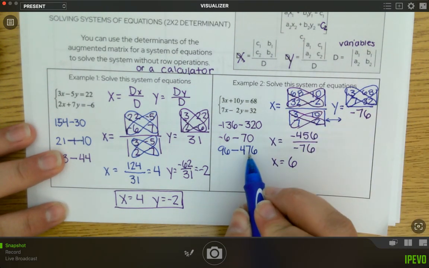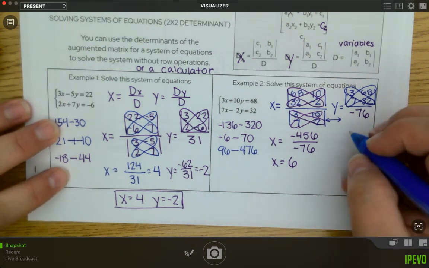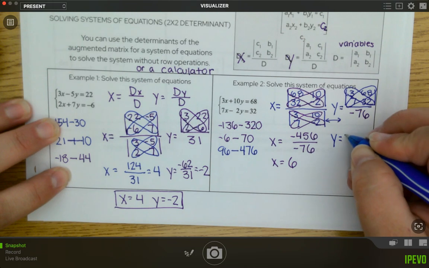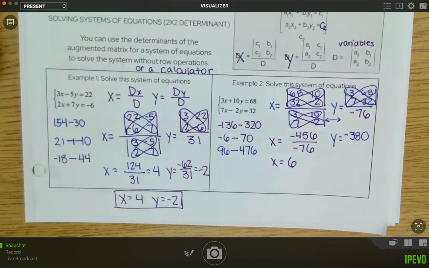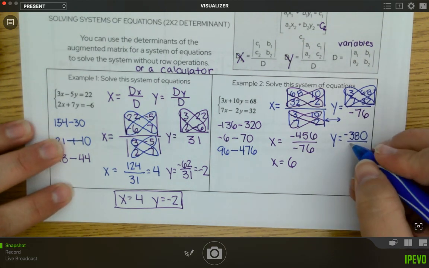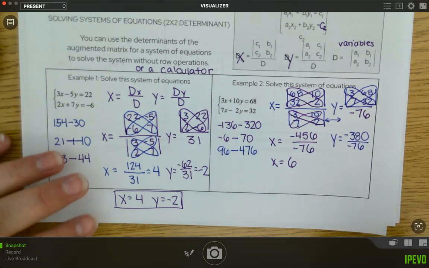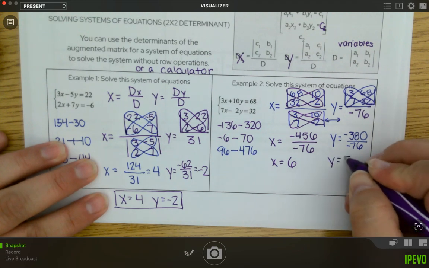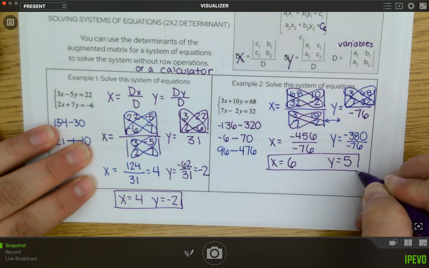And 96 minus 476 is -380. And -380 divided by -76 is +5. And those are my answers.